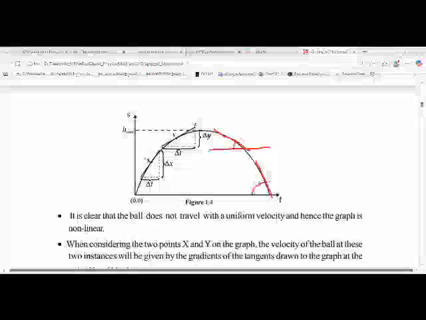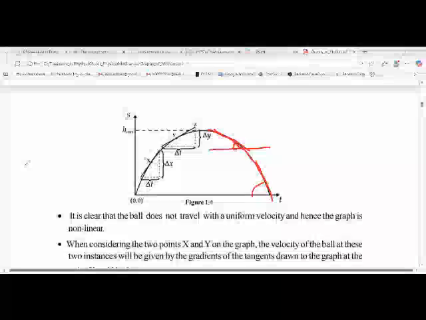When the angle is increased, the velocity should be increased. When velocity is increased, it is an acceleration. Then you can see this curve represents acceleration.